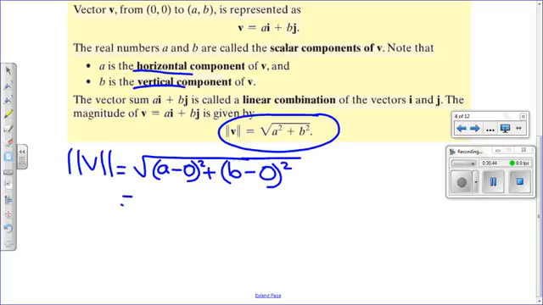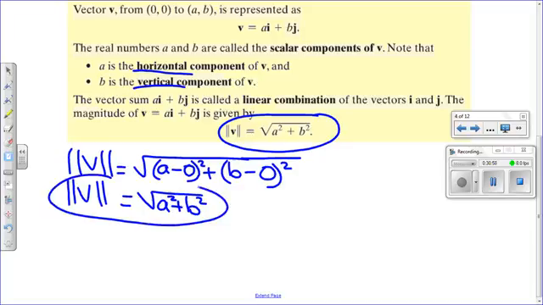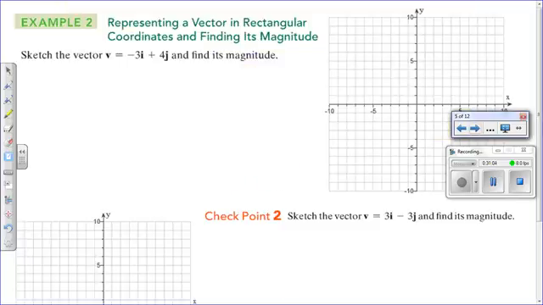And you do that, and a minus 0 is just a, b minus 0 is just b. Yeah? So when your initial point is at the origin, you don't have to worry about the distance formula and just jump straight to the Pythagorean theorem for magnitude. Just when it's at the origin, right? Yes, it has to be at the origin.